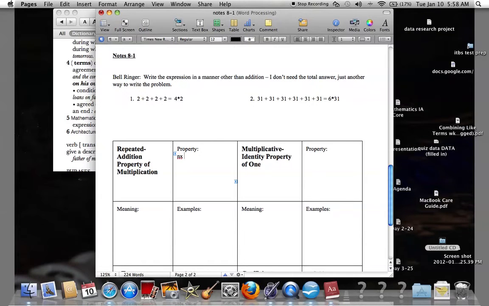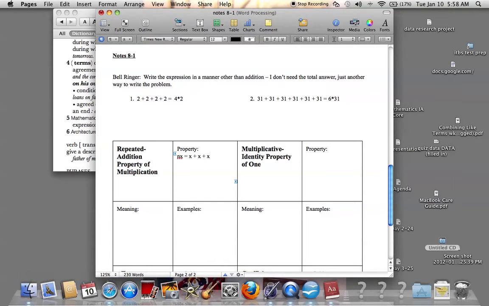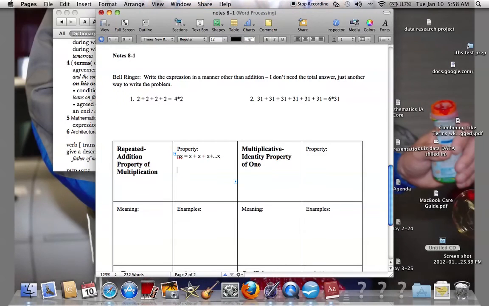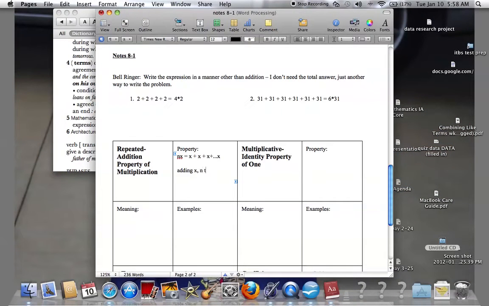That would be equal to x plus x plus x, plus dot dot dot, and x to end it. I know right now that probably doesn't make any sense to you, but what that's telling me is that I am adding x n times.